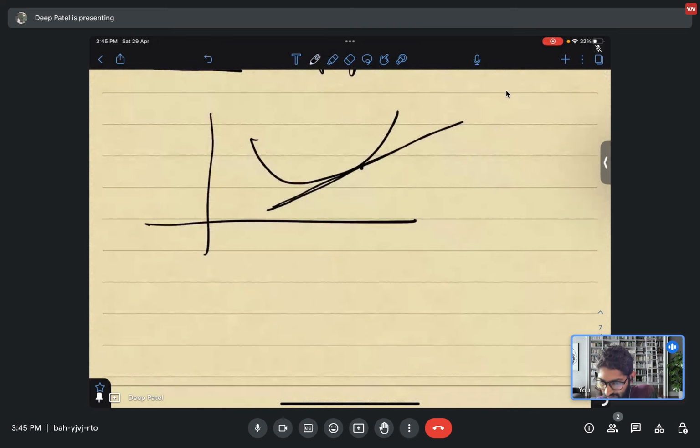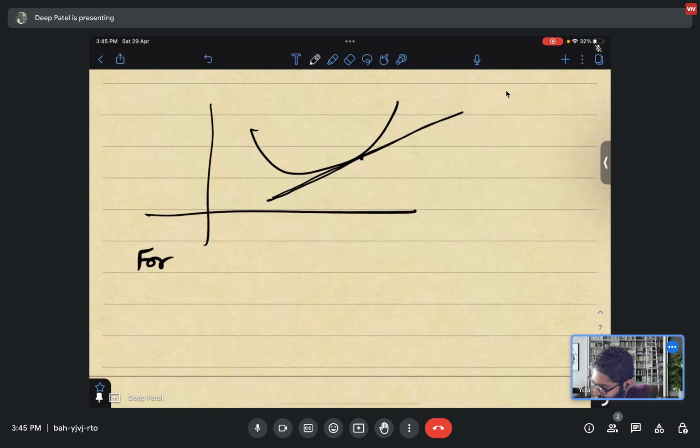Okay. So what is the definition, by the way, for a convex function f?